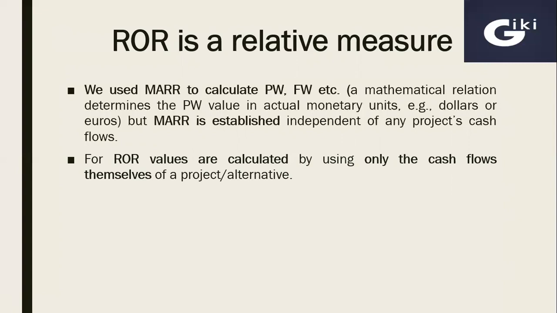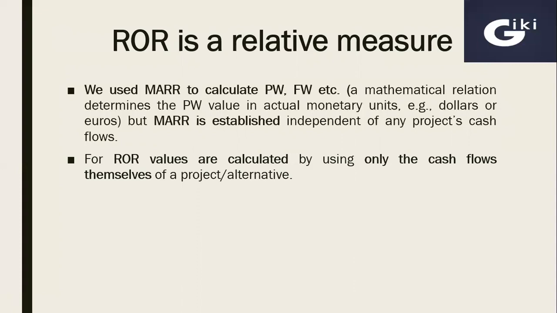On the other hand, ROR values are calculated by using only the cash flows themselves of a project or alternative. As I explained earlier, rate of return is an interest rate that equates the present worth of inflows to the present worth of outflows, or this is a rate at which the present worth of inflows becomes equal to the present worth of outflows, or the net present worth of a project becomes zero.